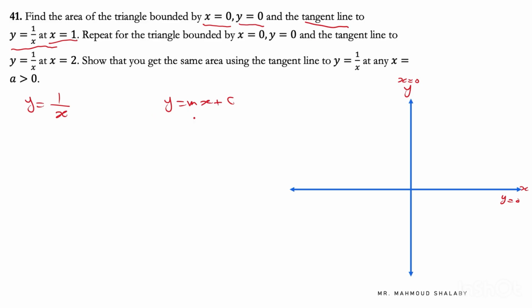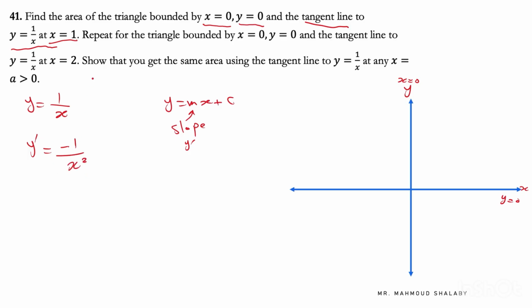We discussed this before, and we know that m represents the slope, and the slope comes from y prime. So all I need to do is differentiate this function. Do you remember how we differentiate this? 1 over x will be negative 1 over x to the power of 2.